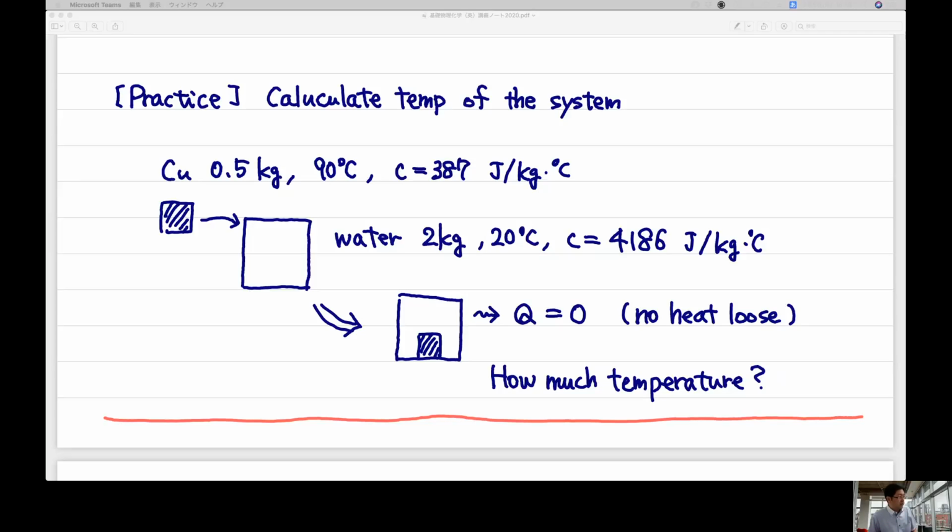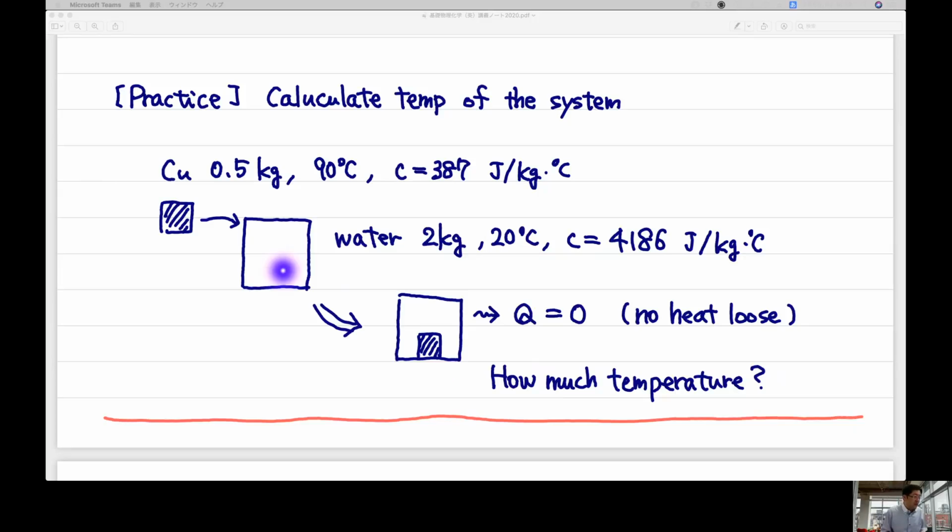This is the practice: calculate the temperature of the system after mixing a cube of copper and a cube of water. You mix them up, and how much temperature was obtained after mixing these two materials?